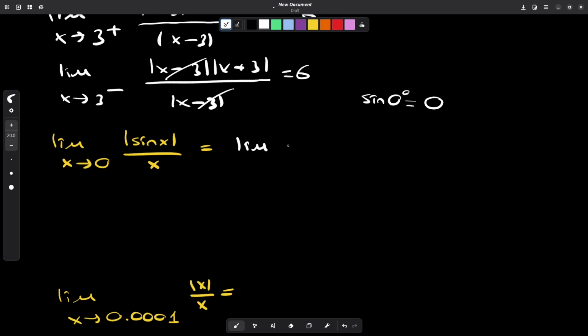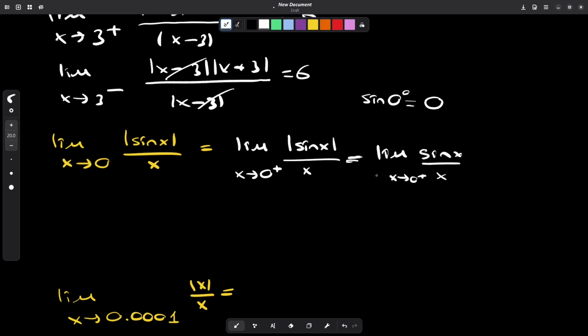Limit of absolute value sine x over x as x approaches 0 from the right side. In this example, when I approach from the right side of 0, try to plug in a value, we will see sine x is positive. So this will come out as limit of sine x over x as x approaches 0 from the right side. To evaluate this limit, can we use squeeze theorem?